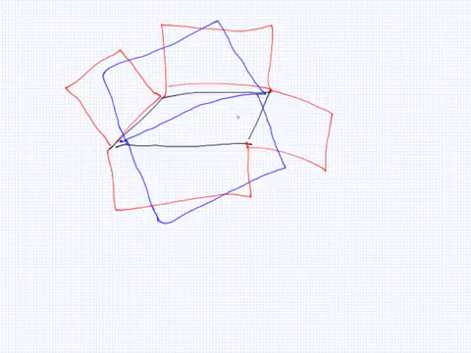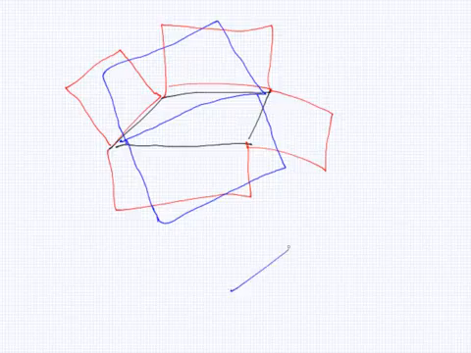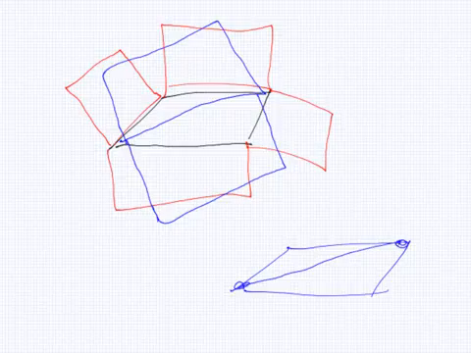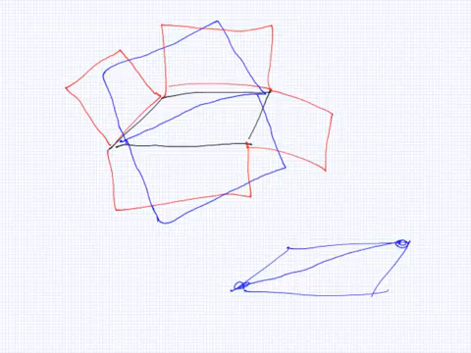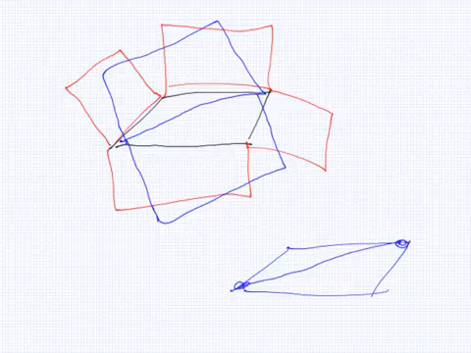What's the diagonal? The diagonal is the line that goes from one corner to the other corner. There are two diagonals. It doesn't matter, just do it for one of them.